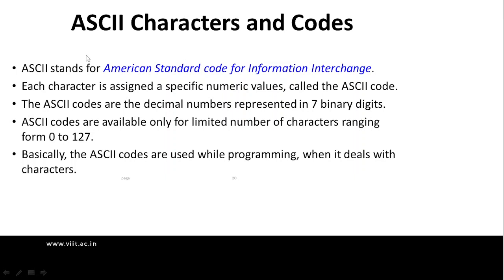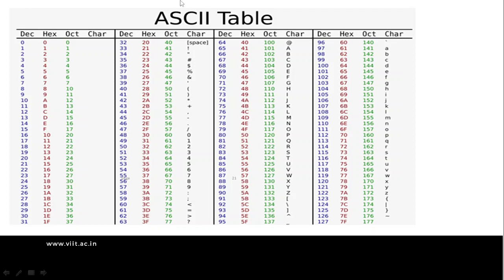What is ASCII? ASCII stands for American Standard Code for Information Interchange. Each character is assigned a specific numeric value called an ASCII code. ASCII codes are decimal numbers represented in 7 bits, and are available only for a limited number of characters ranging from 0 to 127. Basically, ASCII codes are used in programming when dealing with characters. This is a table of ASCII values.